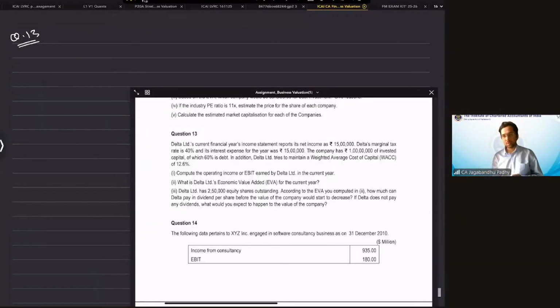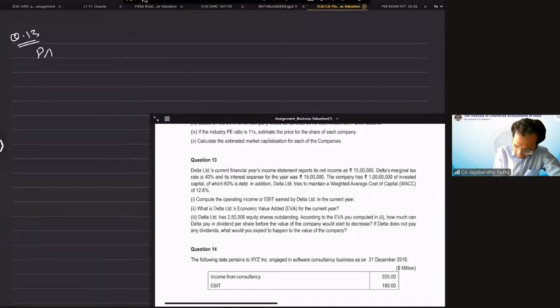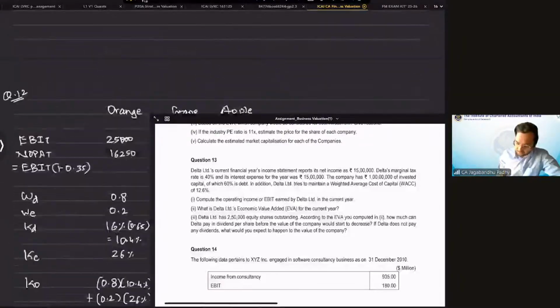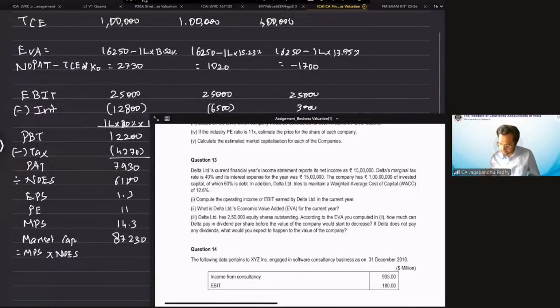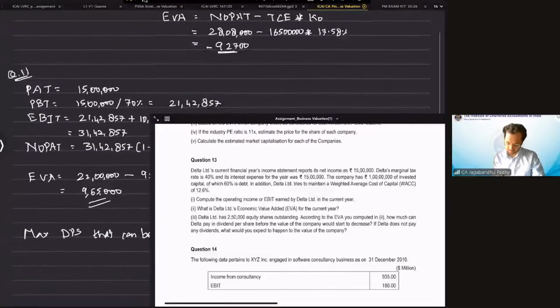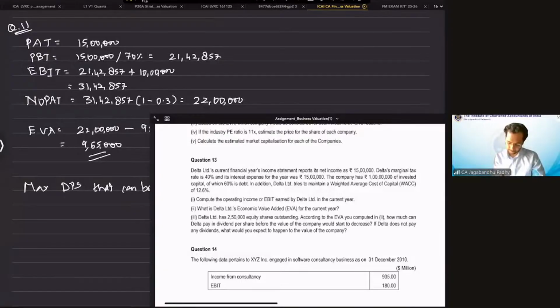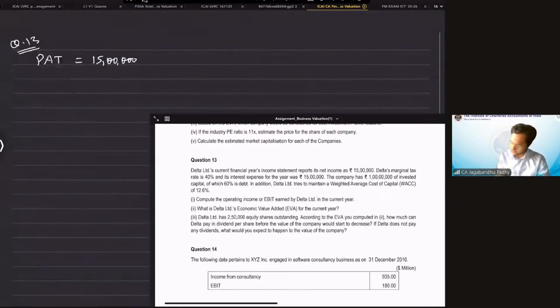Okay, so let me get started now. Delta Limited's current income statement shows a net income of 15 lakhs. So we have got a PAT of 15 lakhs. With PAT being 15 lakhs, the tax rate is 40%.